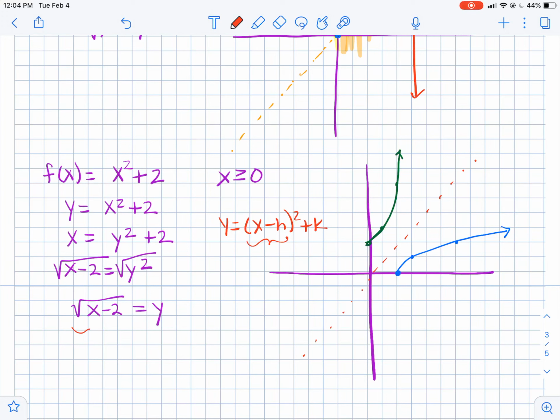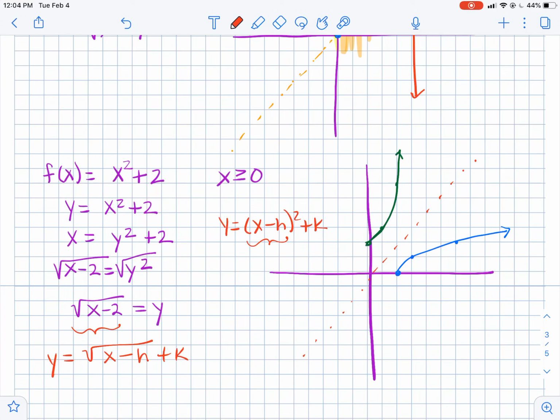So it's also the same thing in here. So this in vertex form would be, plus k.